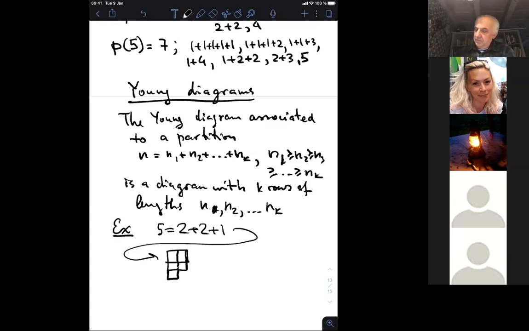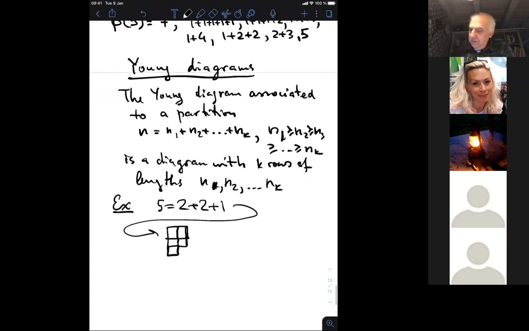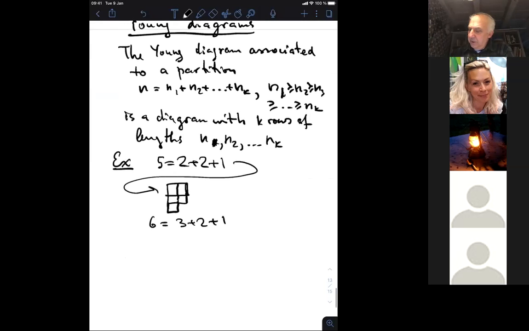If we have, say, 6 equals 3 plus 2 plus 1, then the first row will have 3 squares, then we get 2 squares, then we get 1 square. So that's the corresponding Young diagram.